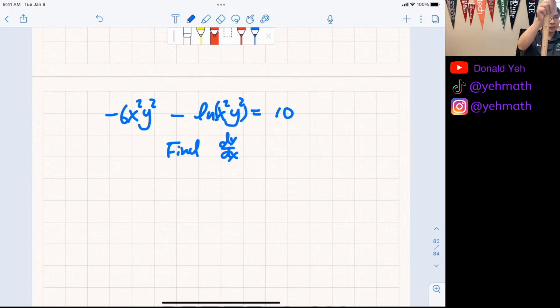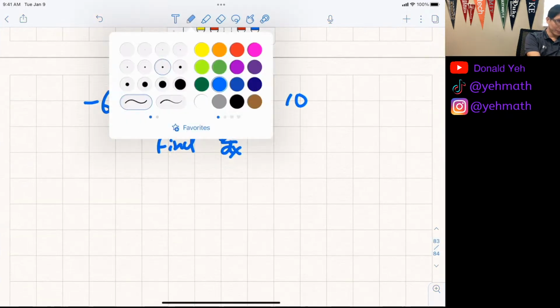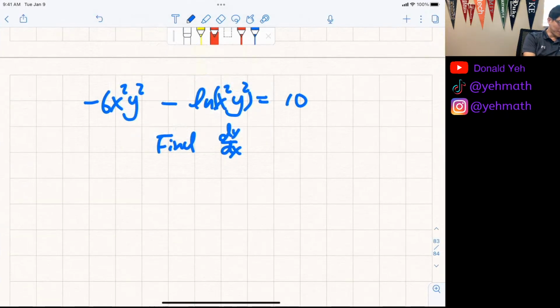But what kind of derivative is this? Implicit, very nice. If implicit, you have to pay attention to this parenthesis because inside it has a product rule. I'm going to go -6, and put a parenthesis right here.